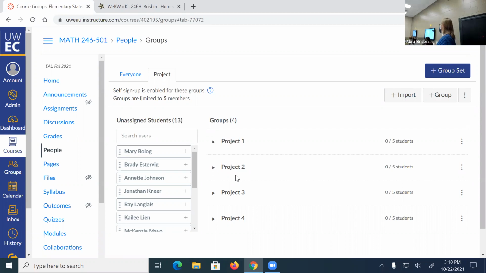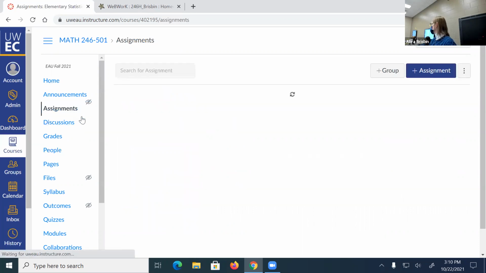So once you do that, then it should be set up so that you'll be able to see when someone else in your group has made a submission. So you're submitting it to that, or you just go to assignments and submit it? I think you need to go to People to put yourself in a group first. And then you would go to assignments, and it just tells you which group.